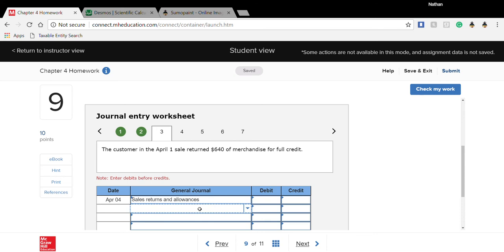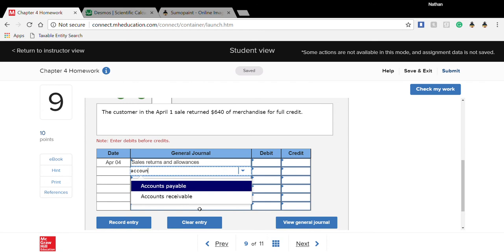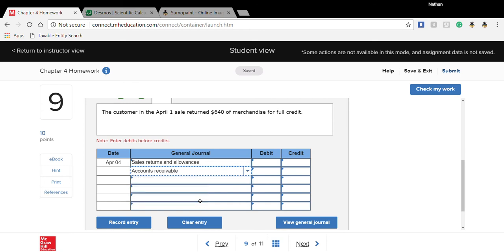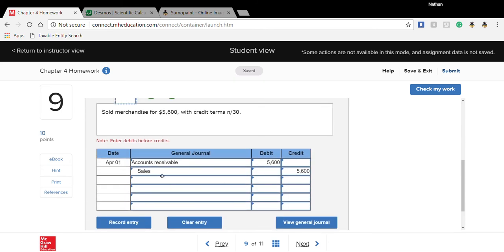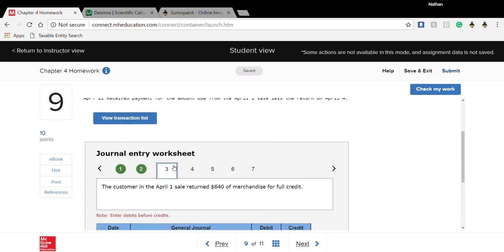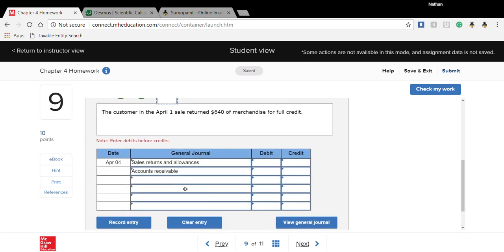Since they returned $640, they no longer owe us that money. So we're going to have accounts receivable. So it is technically a reverse, just like when the buyer returns stuff, except that it's going to be sales returns. Okay? And of course, we put in our debits and credits. 640, 640.